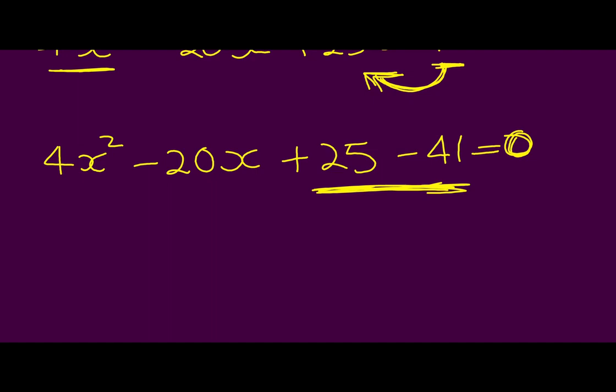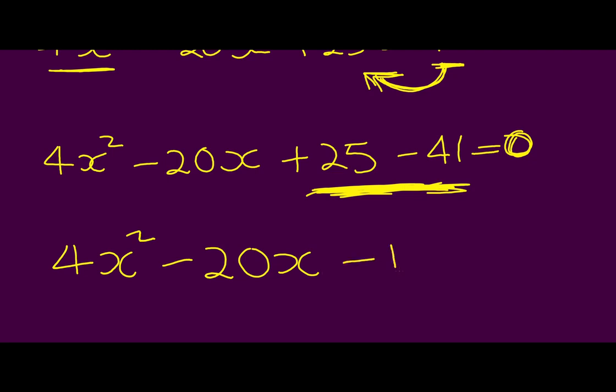But they are the same, they are numbers in this regard. Then we're going to add them or simplify these two terms. So it's going to be 4x squared negative 20x, 25 minus 41 is going to give us negative 16 equals 0.